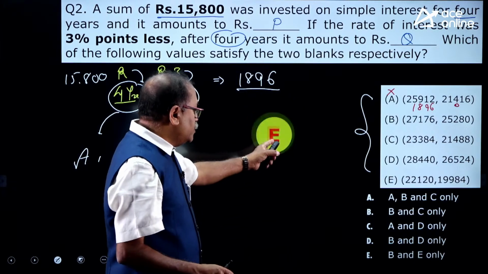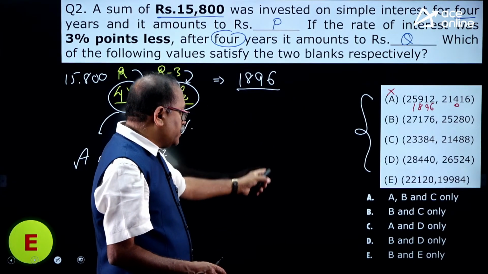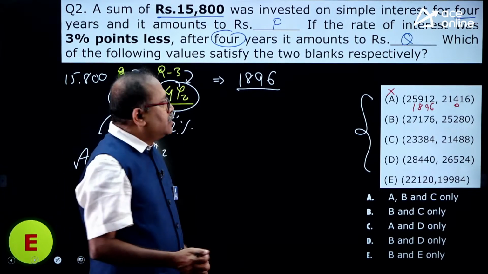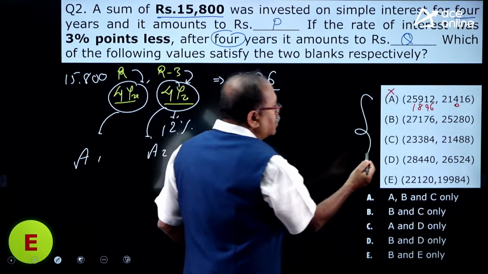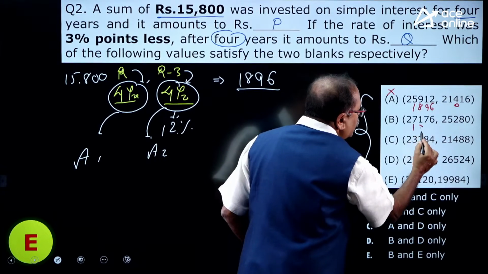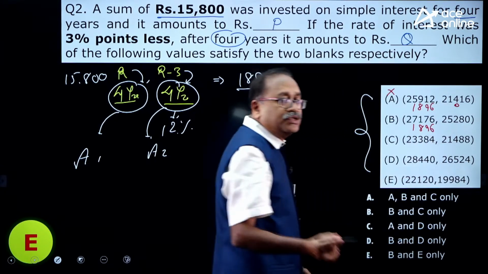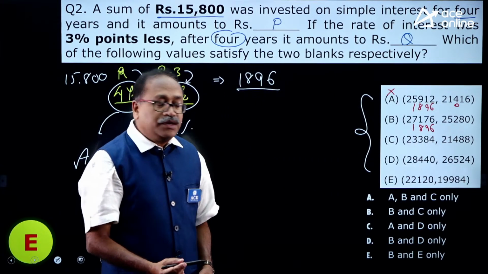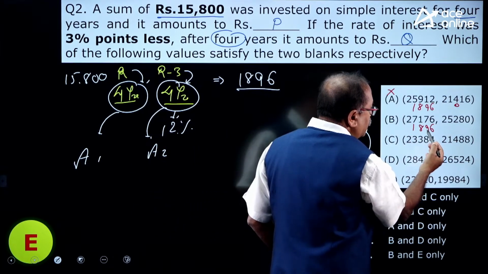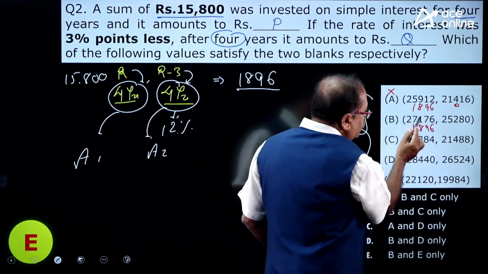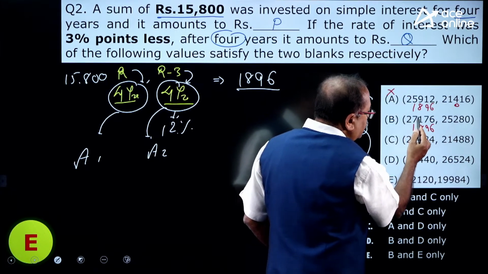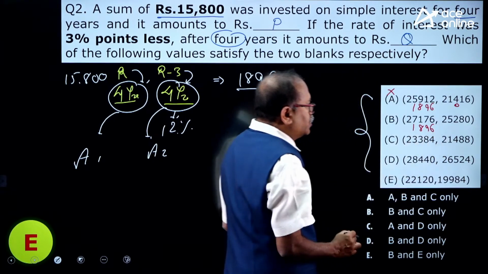Let's check that. Is it B and C or B and E? Let me check the difference over here, B. If I take out 1896, I really appreciate Likita, you tried it. 6 minus 6 is 0, 17 minus 9 is 8, and here 10 minus 8 is 2, and here 26 minus 1 is 25.